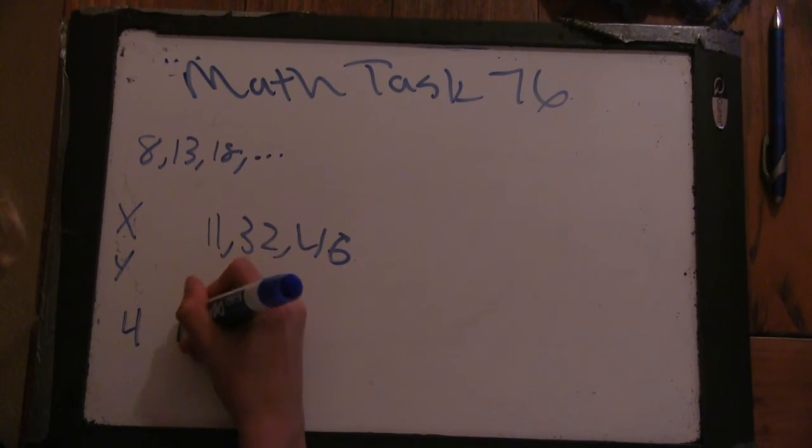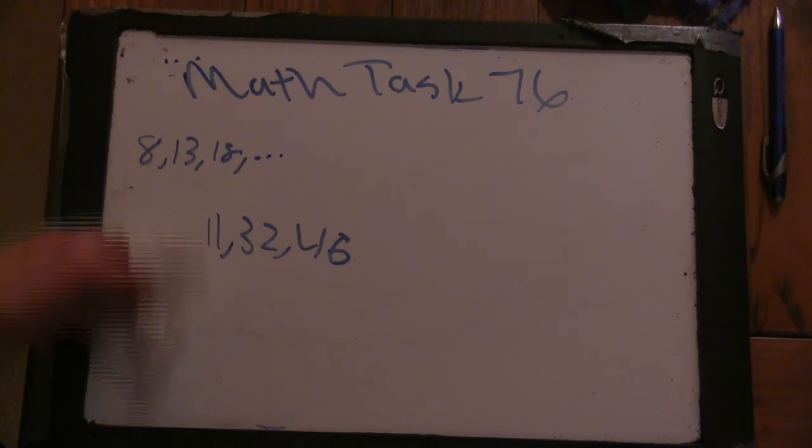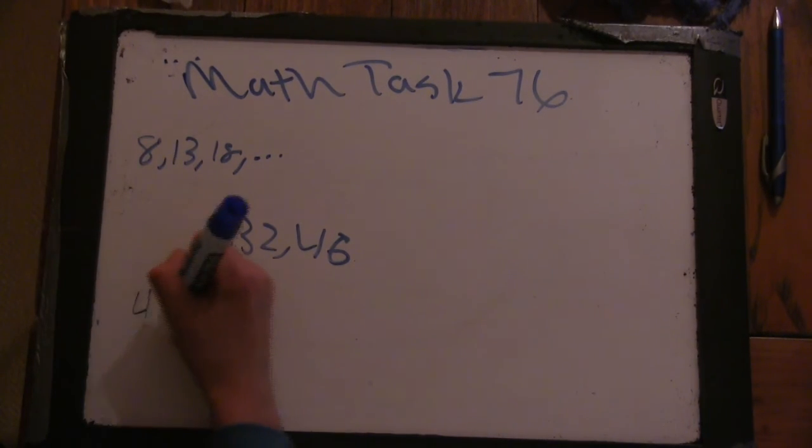11. What's the difference between 11 and 32? 21. That's a multiple of 7. So that would work. And then 14 is a multiple of 7, so that would work. Aha. So he could start with 4 and then count by 7.